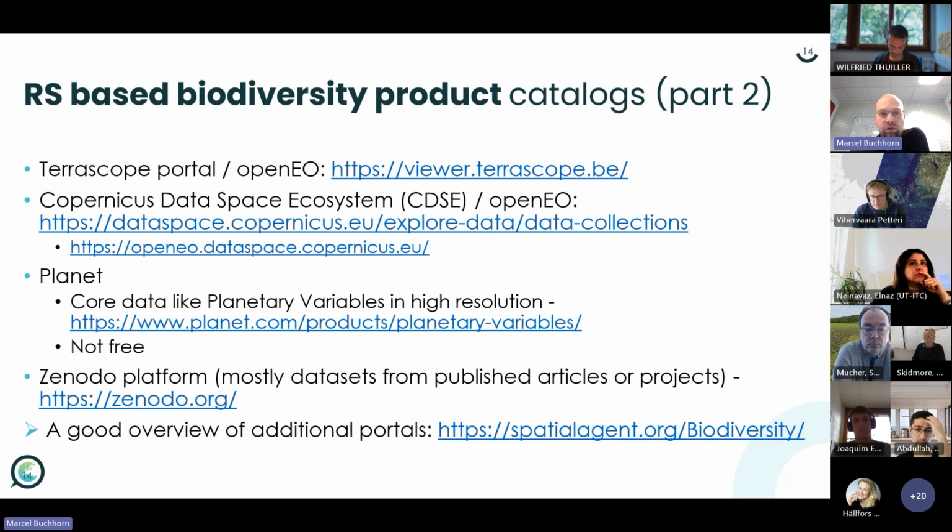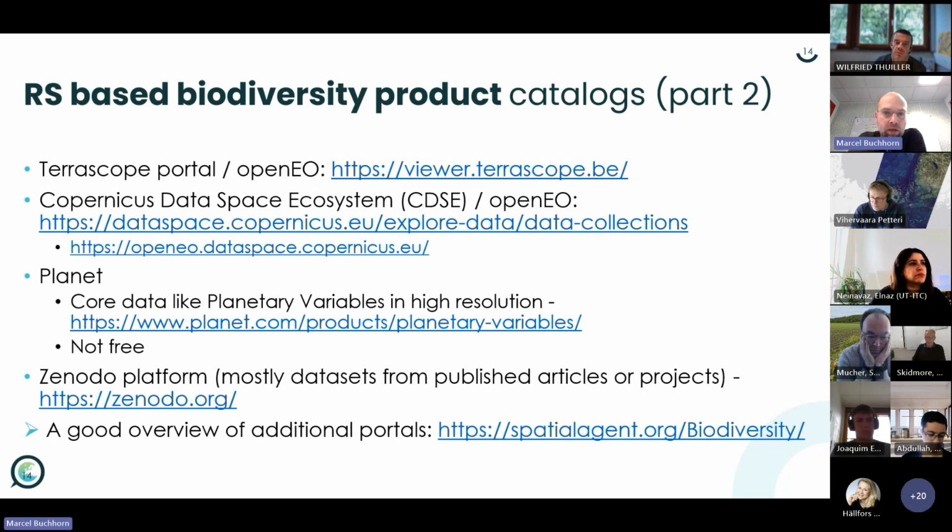Then we have the Copernicus Data Space Ecosystem, the CDSE, which is also based on OpenEO. It is also located here at Vito, so we are the main provider of this. The Copernicus Data Space Ecosystem provides all Sentinel data, all remote sensing data from Sentinel, for the whole of Europe.